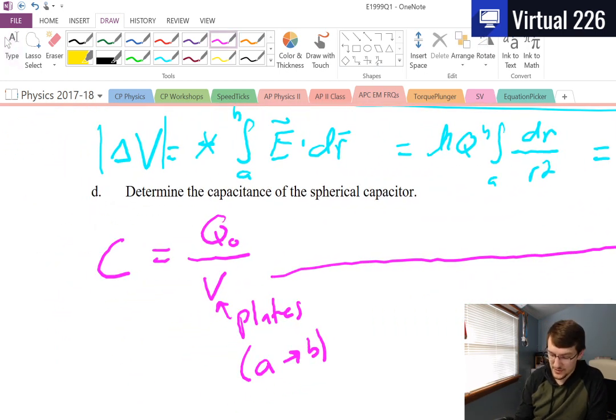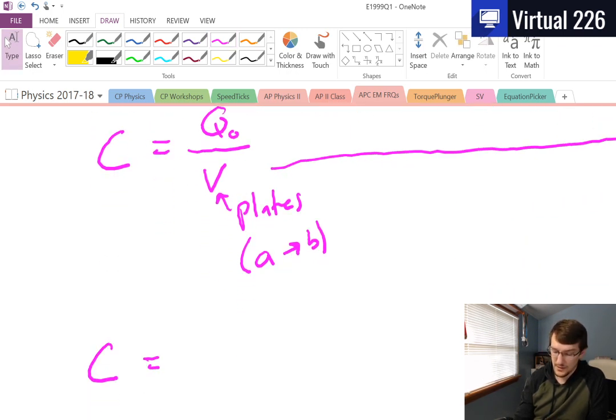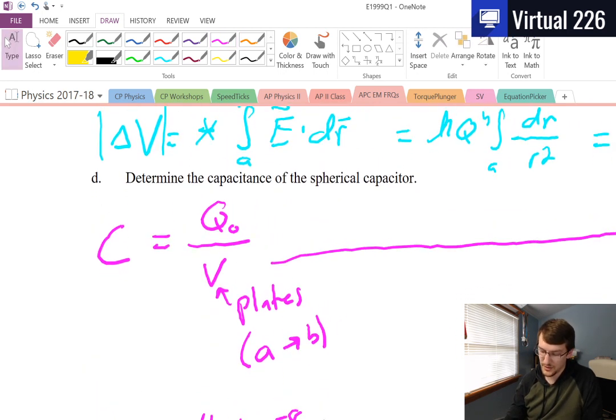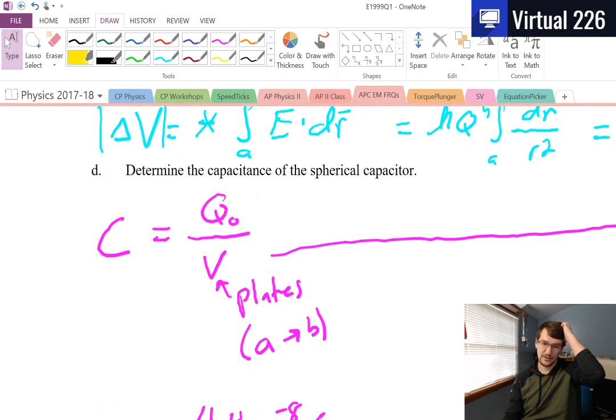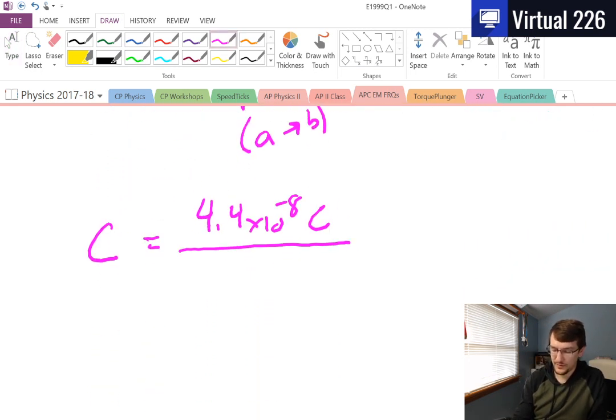But with this now, we can just say that the capacitance is equal to Q naught, which was the 4.4 times 10 to the minus 8 coulombs. Once again, I've omitted a negative because we really don't care about positive or negatives in this case. We just want the total capacitance. And we're dividing it by the 1,000 volts we found previously.